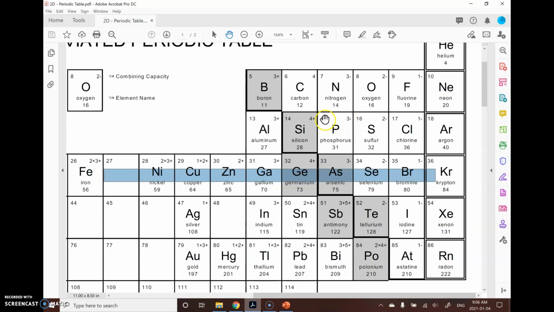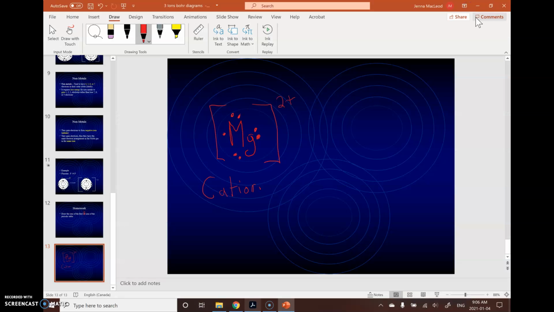It has 15 electrons. It's in group 15, so I know that it's going to have 5 valence electrons in the outer shell. So let's put our P. Okay, it has 5 valence electrons. Okay, and this is going to be forming an ion.